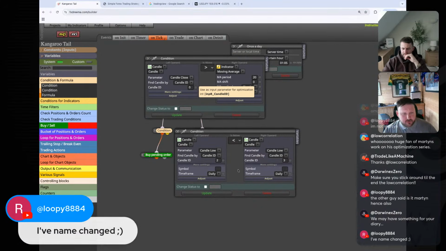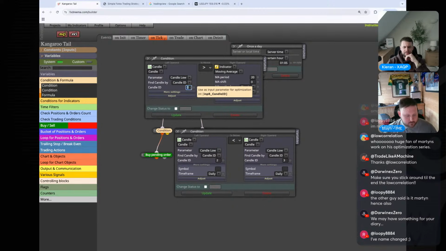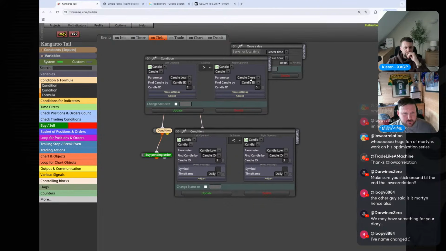Candle low of 2 is below candle low of 3. Candle 2 is below candle 1, which means the low of candle 2 is below candle 3.